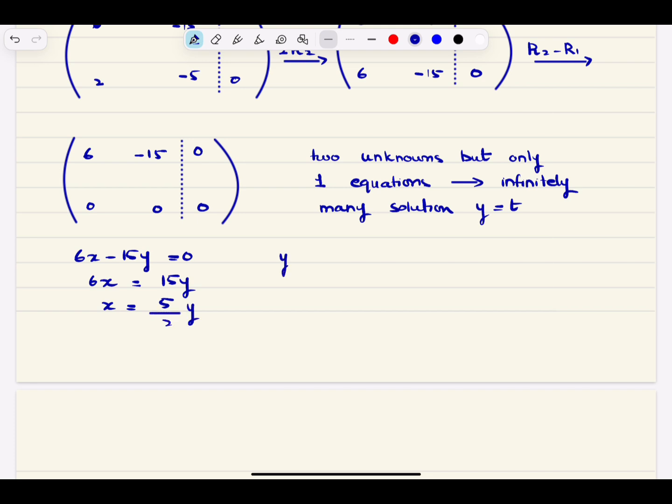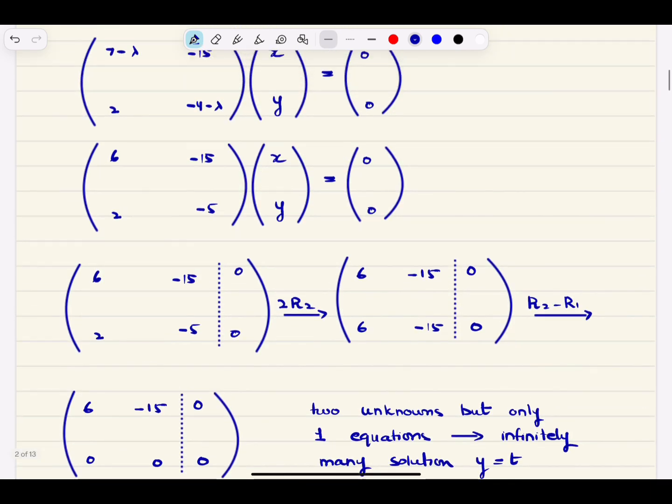If I take y as 2, then I'm going to end up with the x value of 5. I want to avoid a fraction. So v1 equals 5 and 2. So this is our first eigenvector.